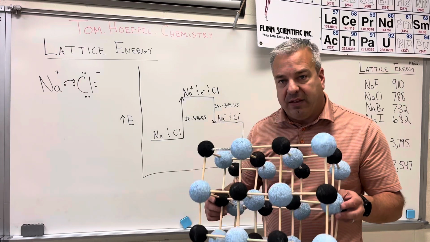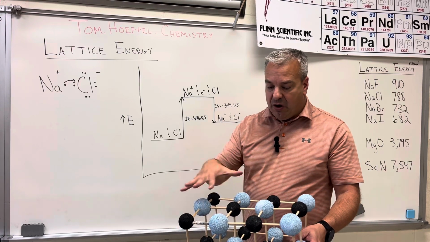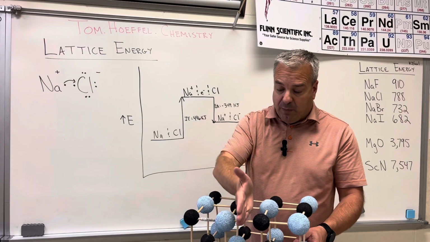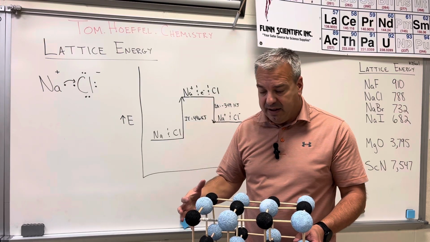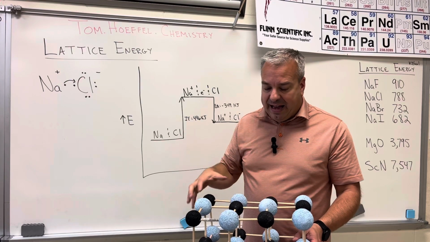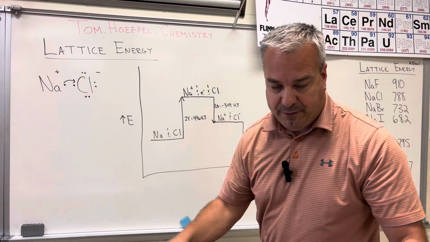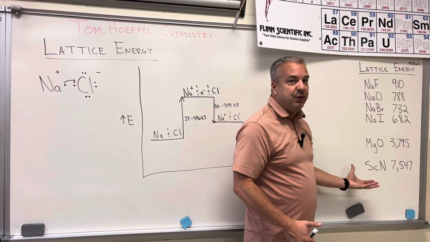So the last piece that we need to talk about is the strength of these lattices. A lattice can get really strong if these bonds get really strong, and then it would require more energy to break them up. So what makes a lattice really strong? Well, let's investigate the table that we have over here. Here are some values for different lattices.